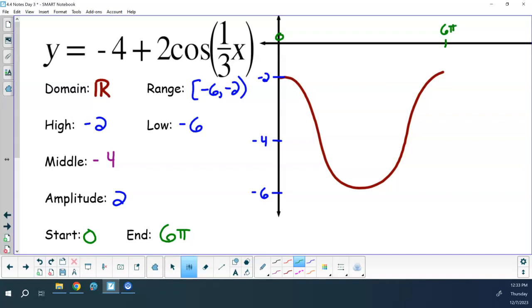Half of 6 pi, 3 pi. Half of 3 pi, 3 pi over 2. Half of the other one, 9 pi over 2. Last one.